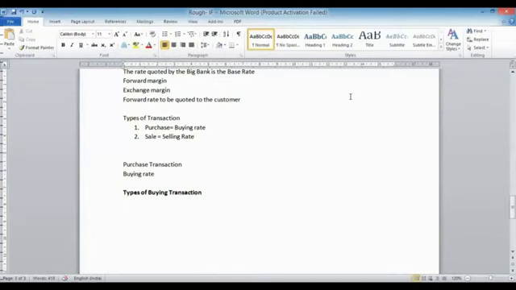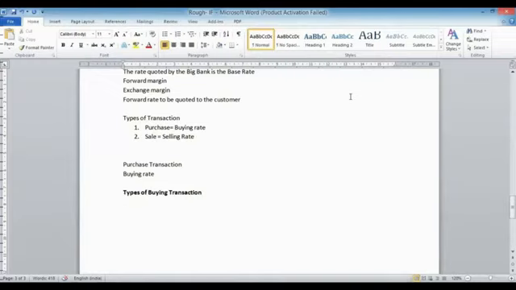That means the bank will purchase the LC, but the payment the bank is going to receive from the importer only after 2 months. So for 2 months, the bank is going to hold that LC in its possession. And when the LC matures, the payment will be received by the bank. But the exporter needs the money today only.